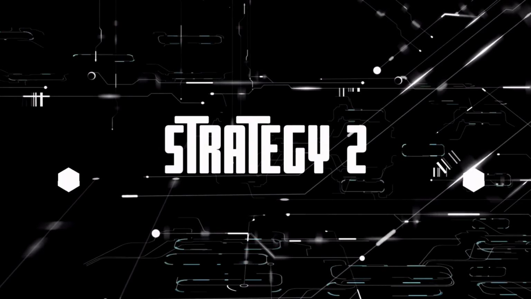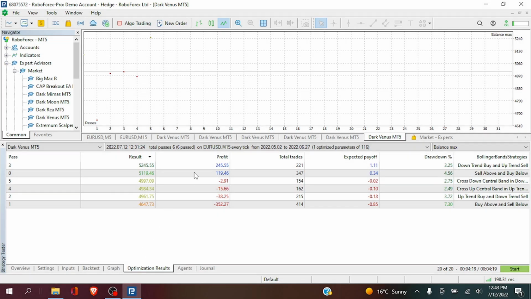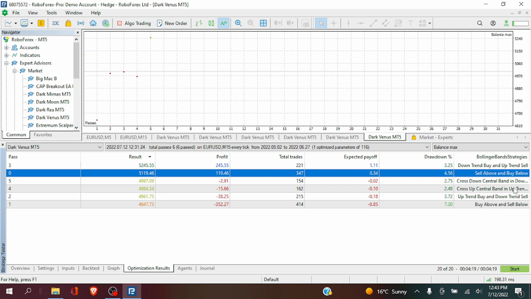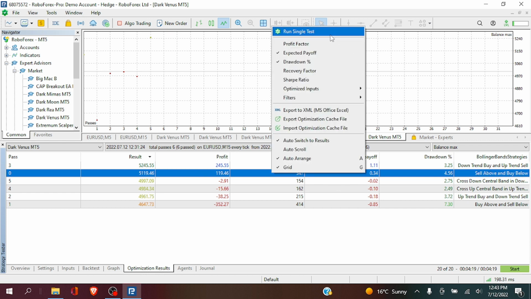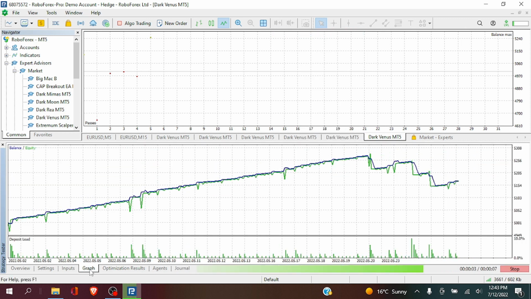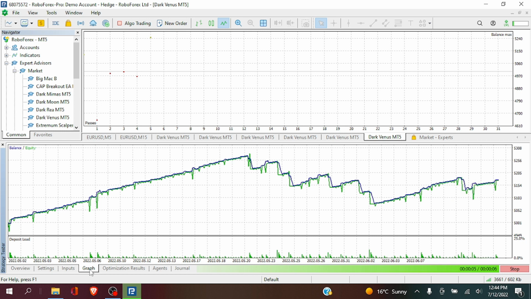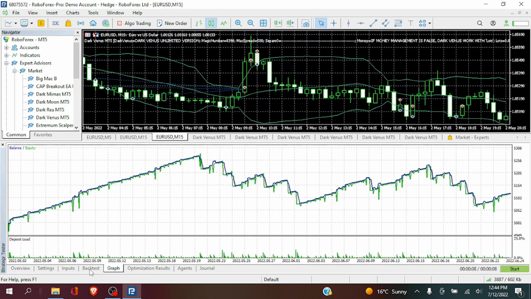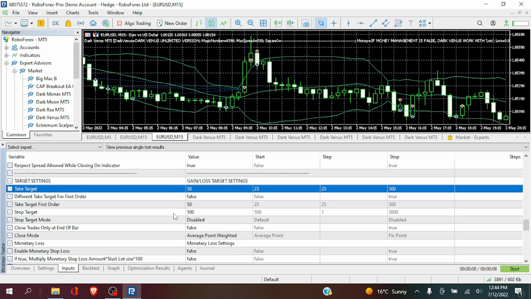Now, strategy number 2, sell above and buy below. Now, this is a reversal strategy. So again, we're going to run a single test. And we're going to save this as our second set file.